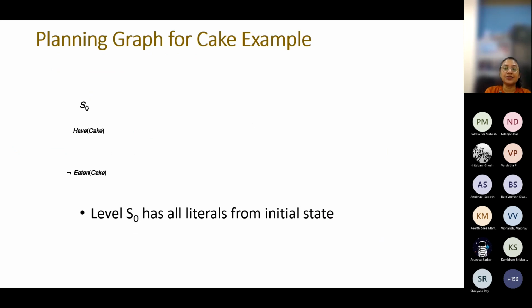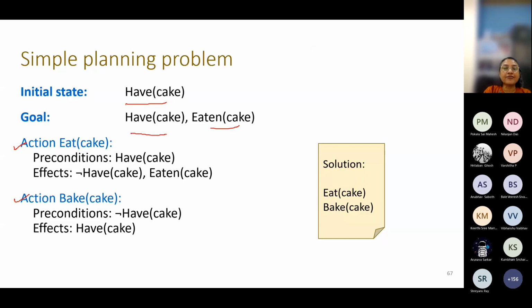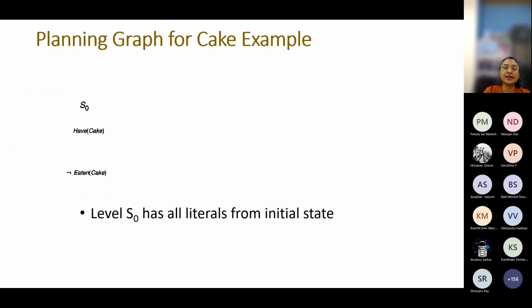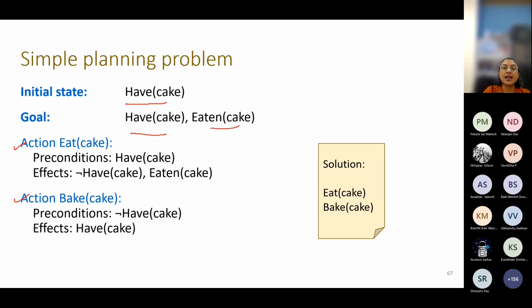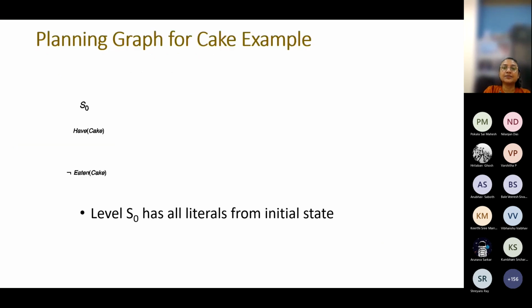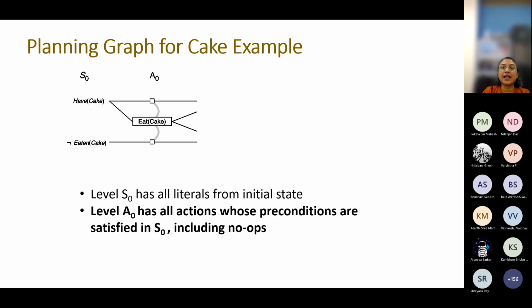So in S0, we have have cake, and we add not eaten cake. So have cake and not eaten cake are the literals from the initial state that we put in S0.